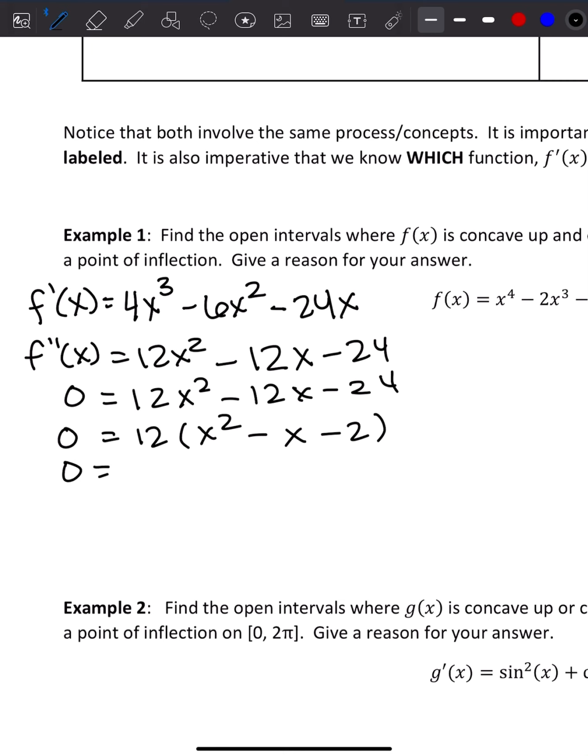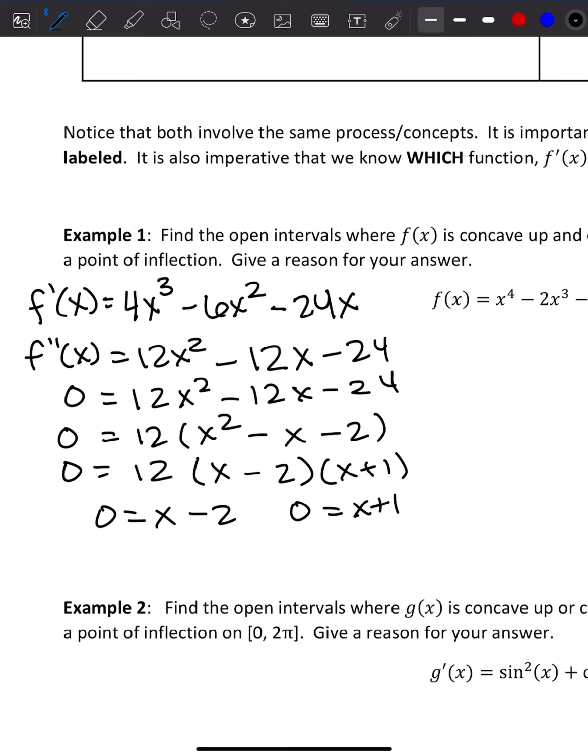And then I'm going to factor x squared minus x minus 2, which will be x minus 2, x plus 1. If I set both of these equal to 0 and solve, we get x is equal to 2, x is equal to negative 1. So 2 and negative 1 are my possible points of inflection.